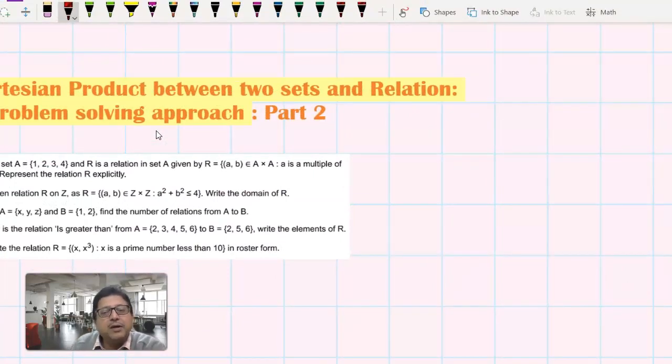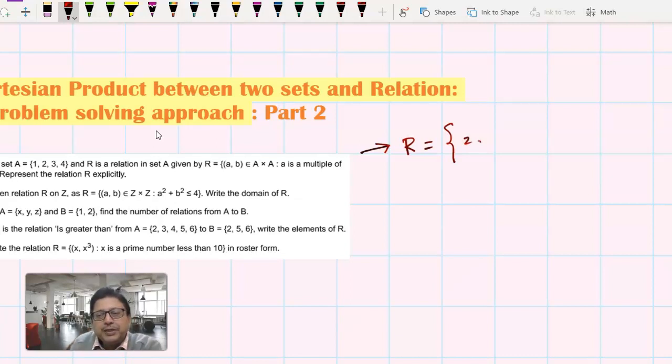First element is multiple of second element. So what way you can take R here? It is the set of ordered pairs. We have to take elements of A cross A, I mean both a and b from this set.